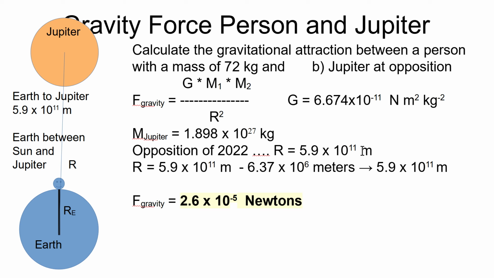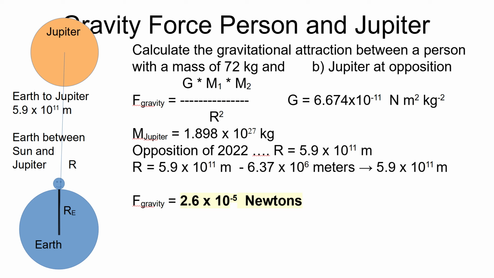We're still 10 to the 11th meters away, but this is about as close as you get for considering the orbits of the two planets. And that distance was 5.9 times 10 to the 11 meters, again from center of Earth to center of Jupiter.